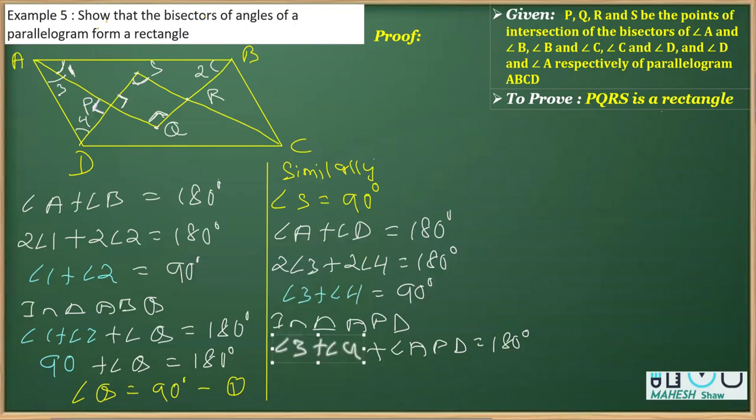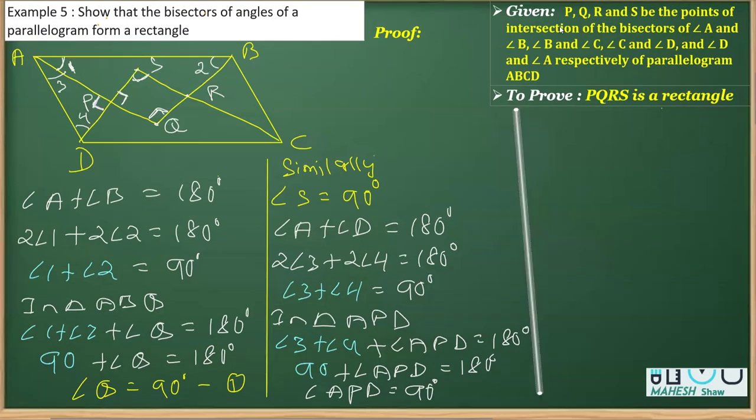So I'm going to replace 3 plus 4 with 90, plus angle APD, equal to 180 degrees. On transposing 90 to the other side, it will be 180 minus 90, which is 90 degrees. Now we have proved this angle as 90 degrees.